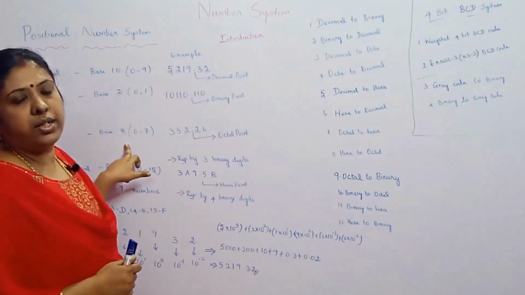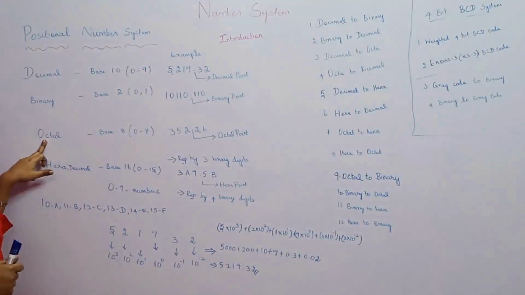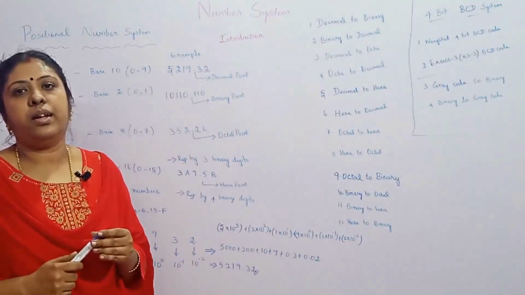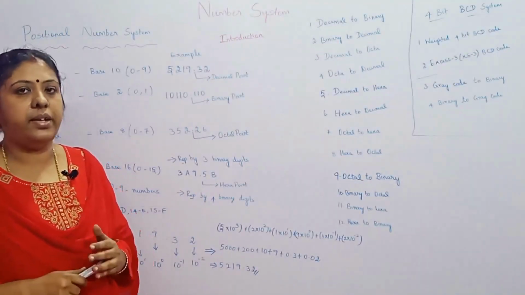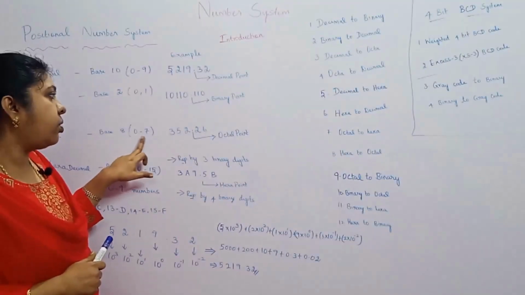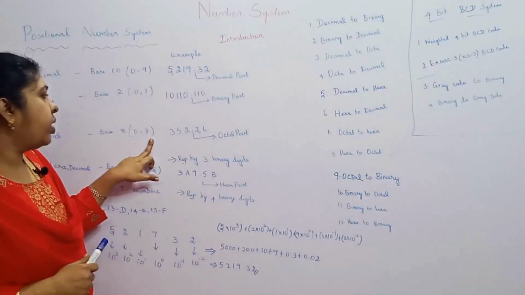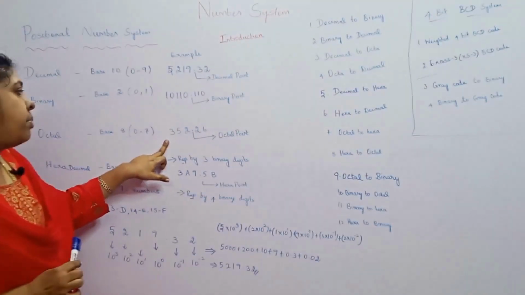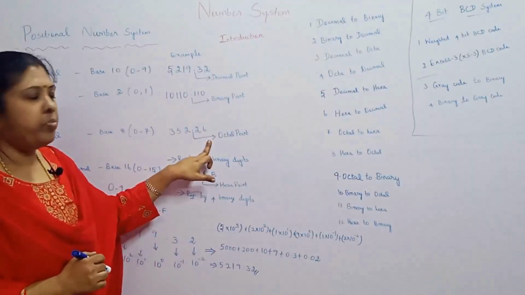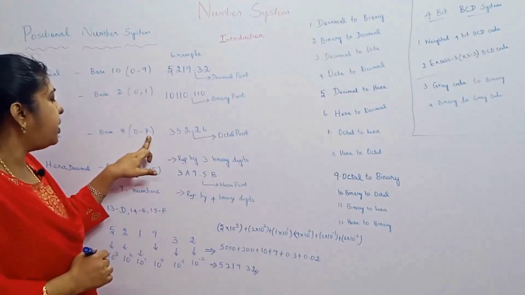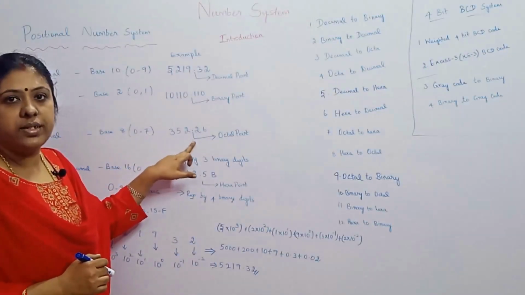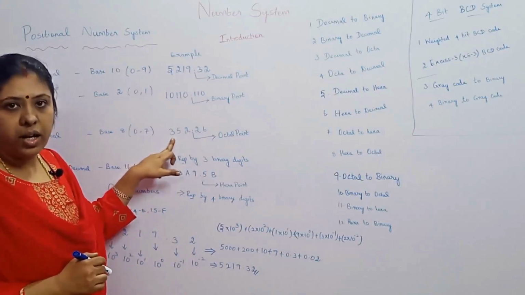And the next one is the octal number system. The octal number system has a base of 8, and it consists of digits 0 to 7. An example of this number is 352.26. Since it consists of 0 to 7, the numbers 8 and 9 are not allowed here.